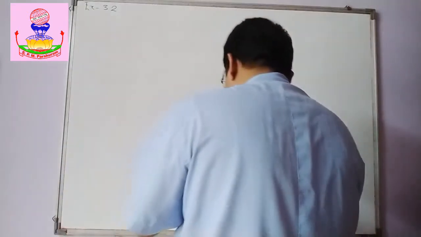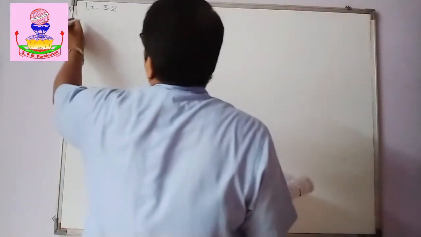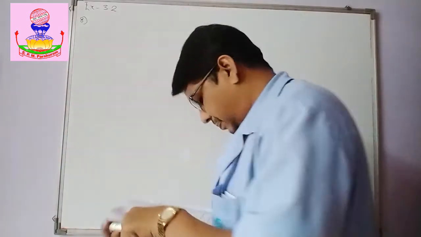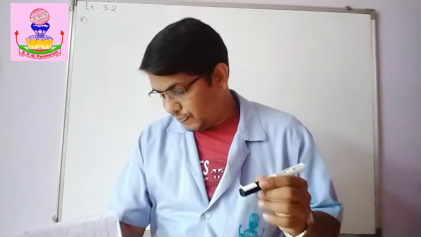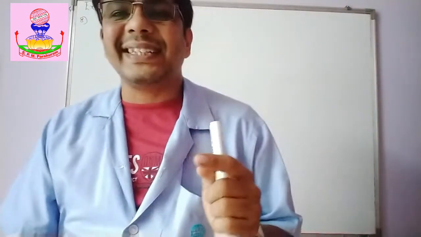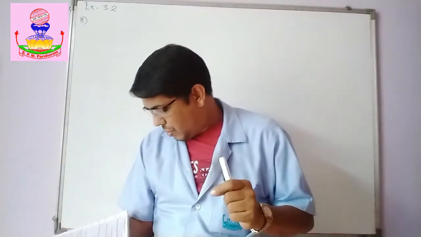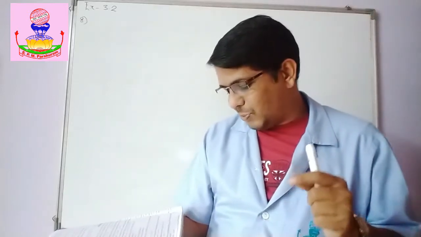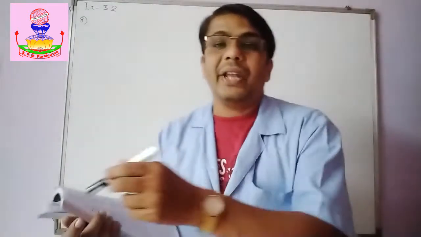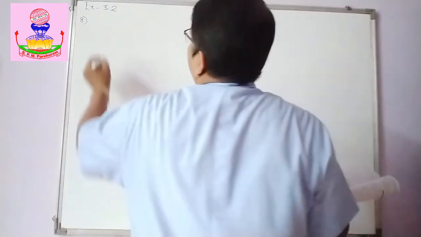Now see, the eighth example, exercise 3.2. The sum of 5 consecutive even numbers is 660. What is the sum of the greatest and the smallest among them? Now, what is given?